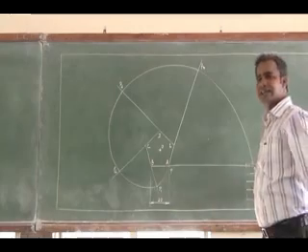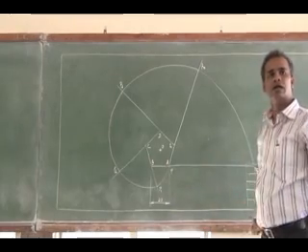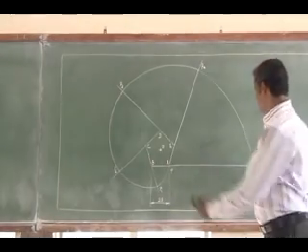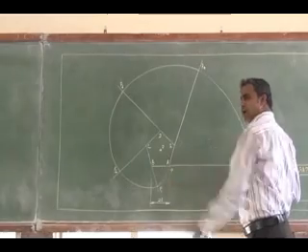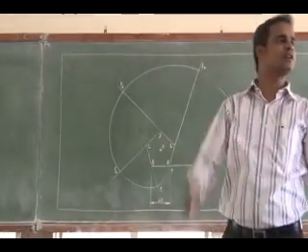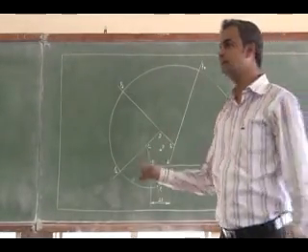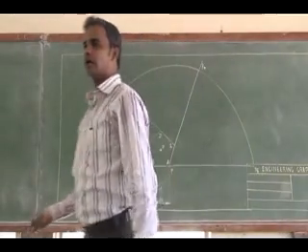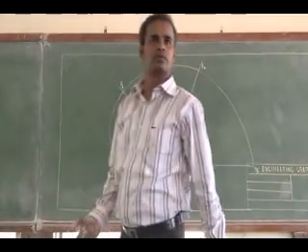The overall length of the thread is nothing but the circumference of the polygon or circle on which you are going to draw the involute.